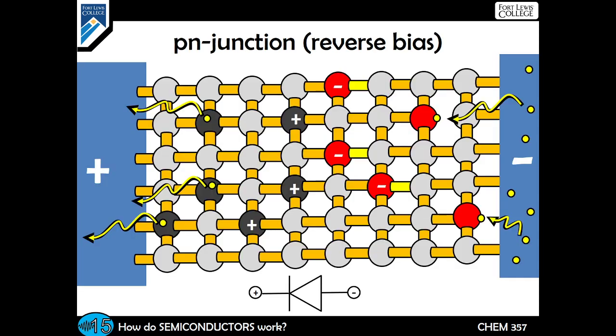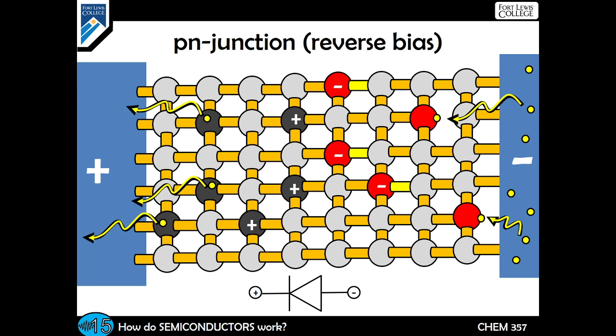But how does this diode work? A diode will only allow electricity to flow in a single direction. It will not flow in reverse. And so this would be the reverse bias direction. And electrons are trying to move this way.